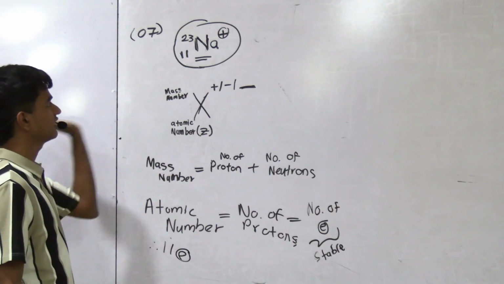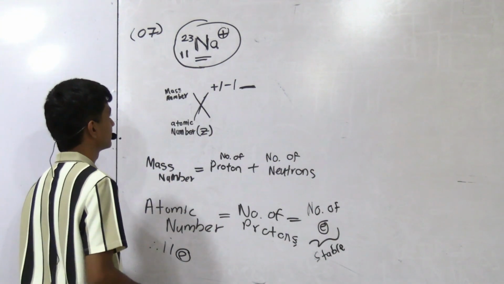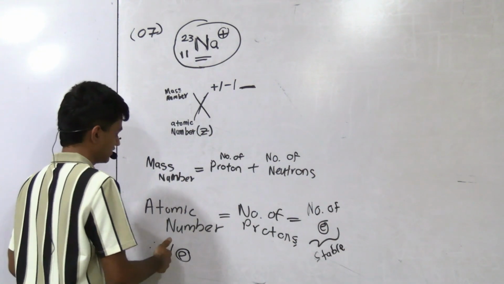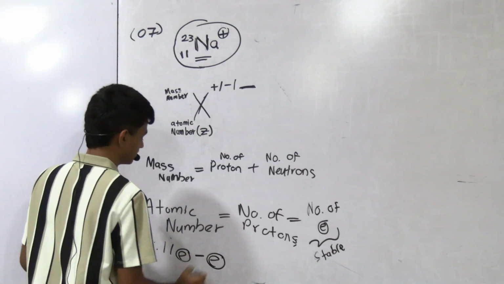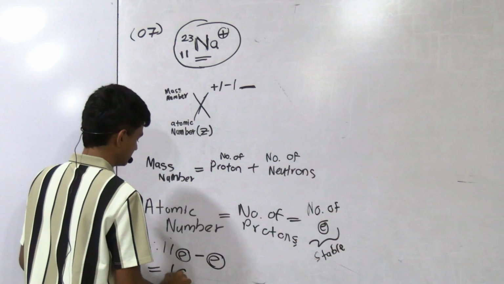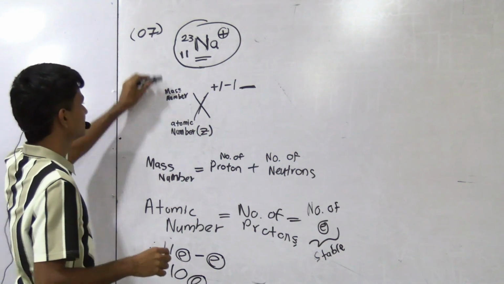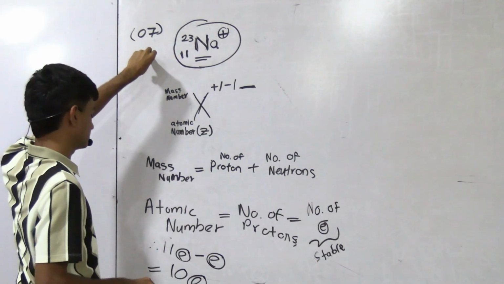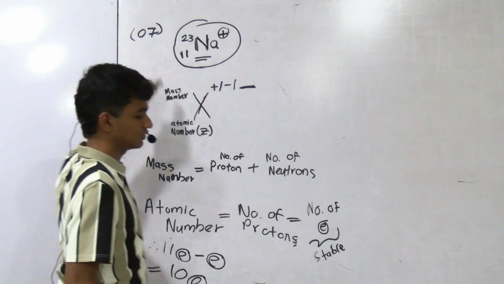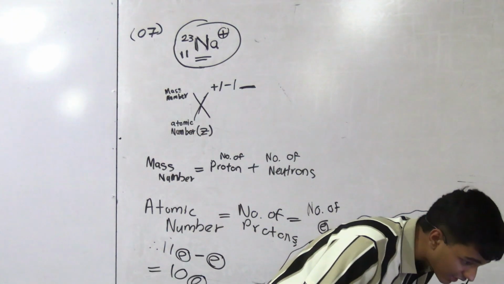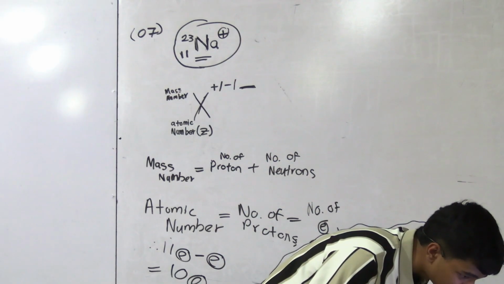It pushed one electron out. So if we push one electron out, we have 10 electrons in its shells. So we have two answers that say 10 electrons, 2 and 3.